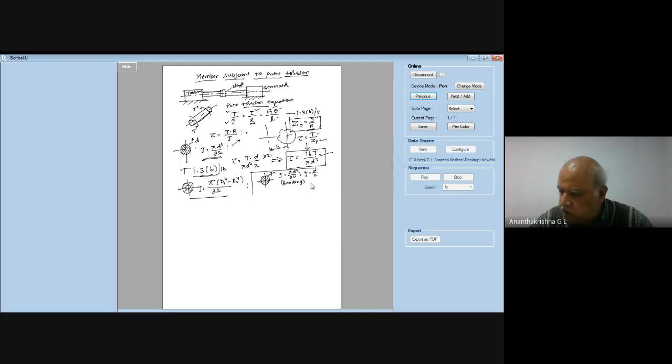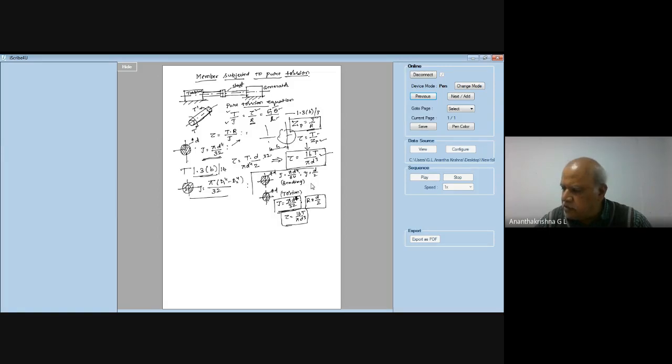For the same solid circular cross section under torsion, you are going to have polar moment of inertia given by pi d4 by 32, and the value of R is equal to d by 2. Don't get confused. When the solid circular shaft is subjected to torsion, R is equal to d by 2, and shear stress is equal to 16T by pi d cube.